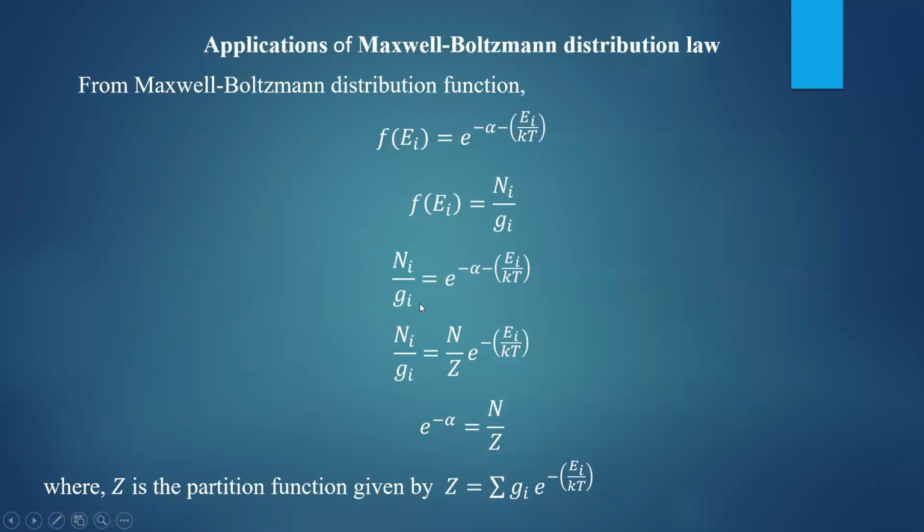If you do that, you will get the expression for Z as the summation of gi into e to the power minus Ei by kT. Here Z is called the partition function. This is the partition function which develops the distribution function. Note this particular point. That is enough for your undergraduate level.